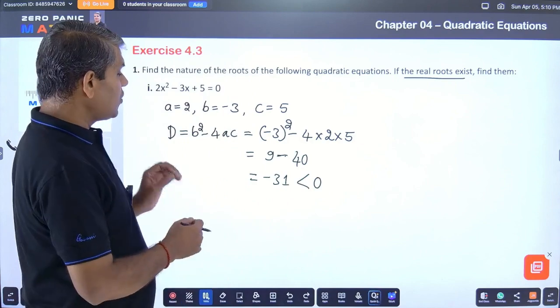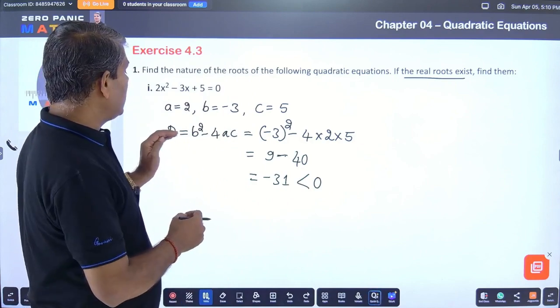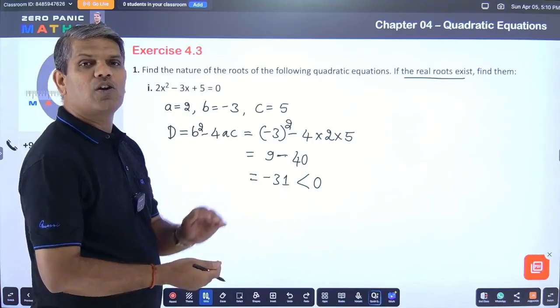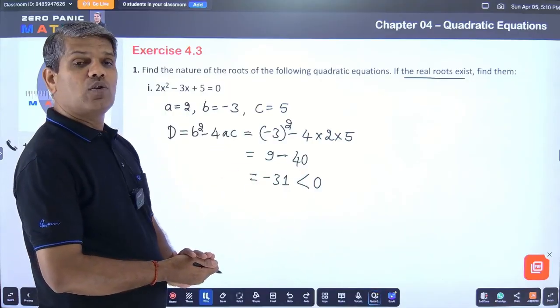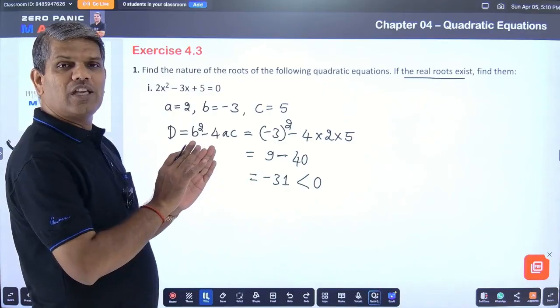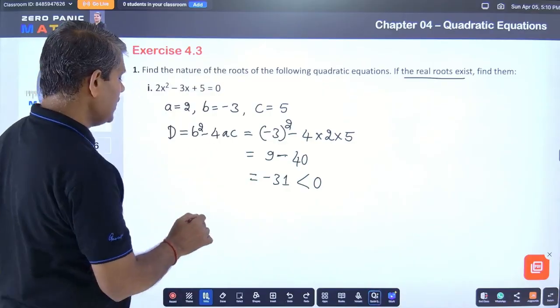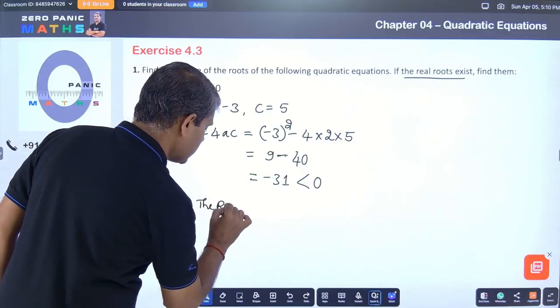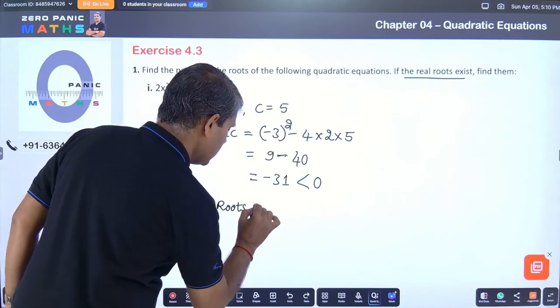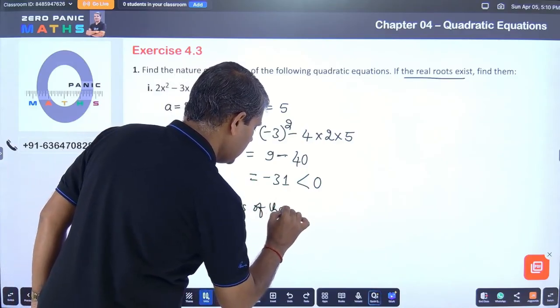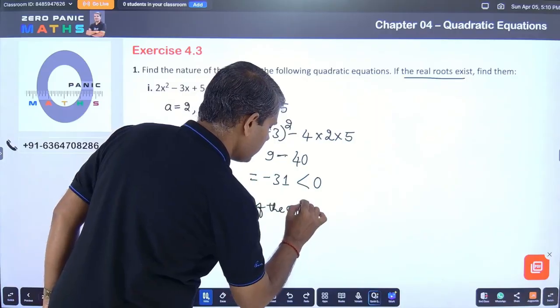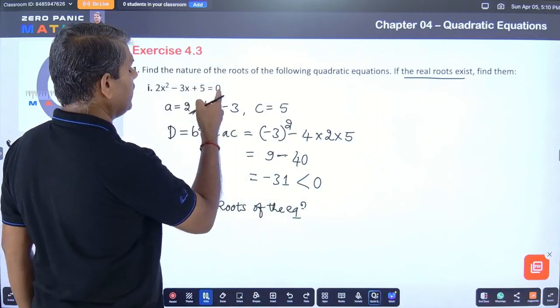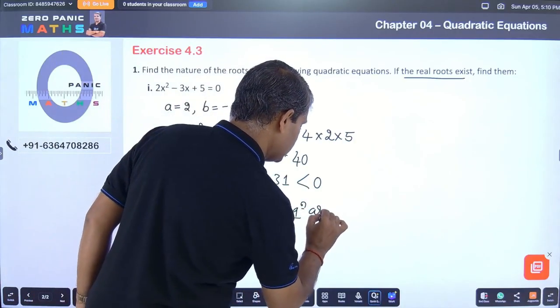If the discriminant is less than 0, then what is the nature of the roots? The roots are not real. Therefore, the roots of the given equation are not real.